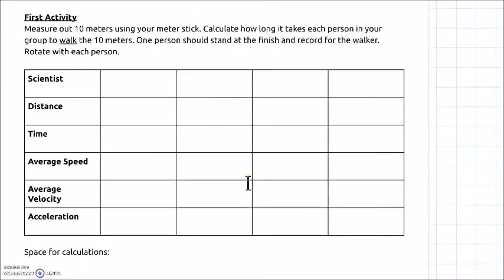If you remember, during our first activity, we walked for 10 meters. So let's say that I, Mr. A, Mr. Moore, Miss Metzler, Dr. Nagel, all did the lab together.